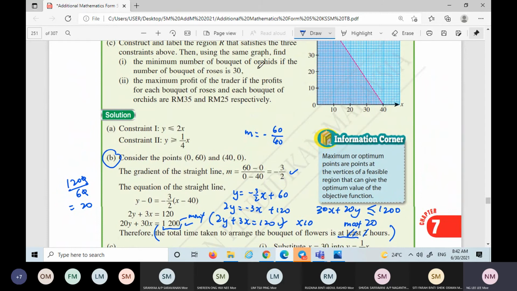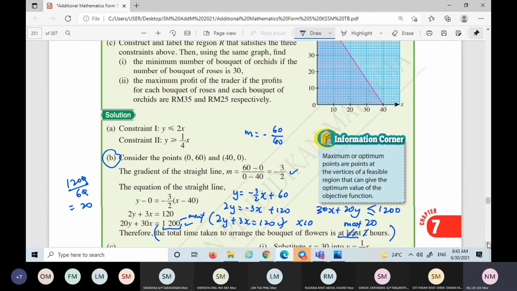Find what? Use the same graph, which means you have to use the graph to find the minimum number of bouquets of orchids if the number of bouquets of roses is 30. Roses is what? x, right? It means x is 30. Find the minimum of the y.